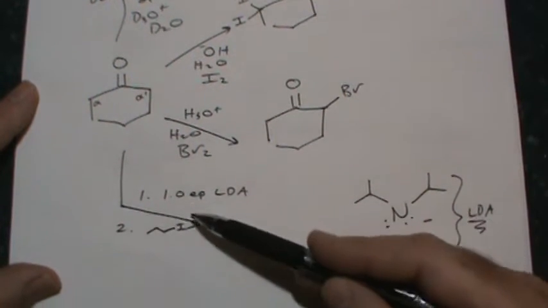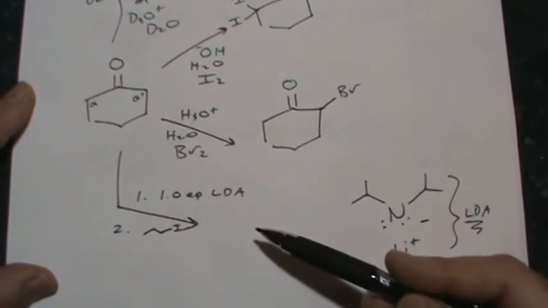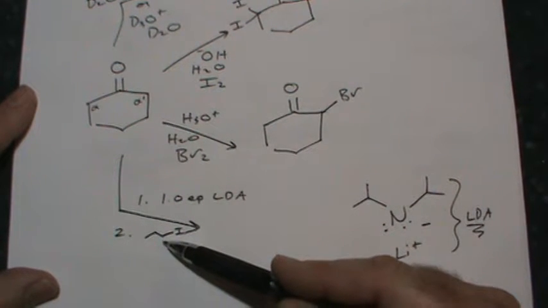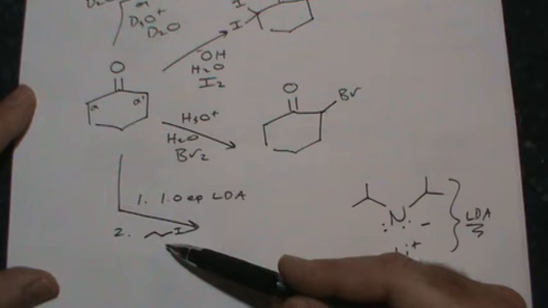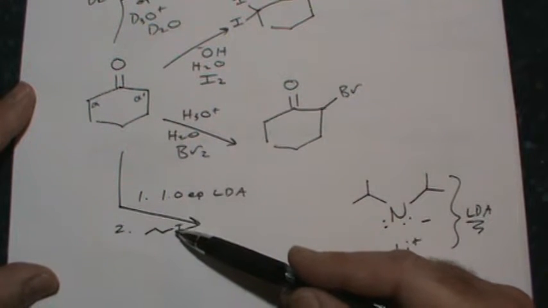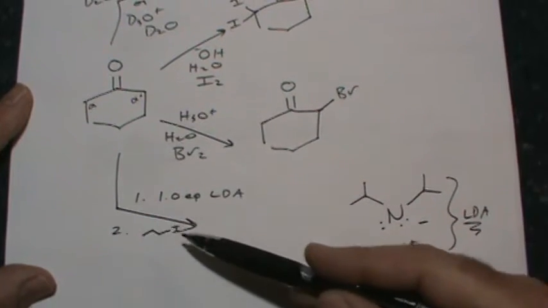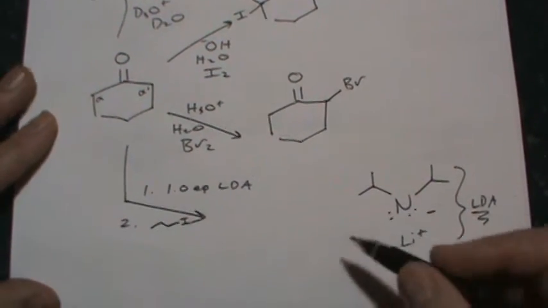In other words, with one equivalent of LDA, we can create one equivalent of the corresponding enolate and then allow that to react with our alkylating agent, which in this case is just going to be a 1-iodopropane. And that reaction is nothing more than an SN2-like reaction.